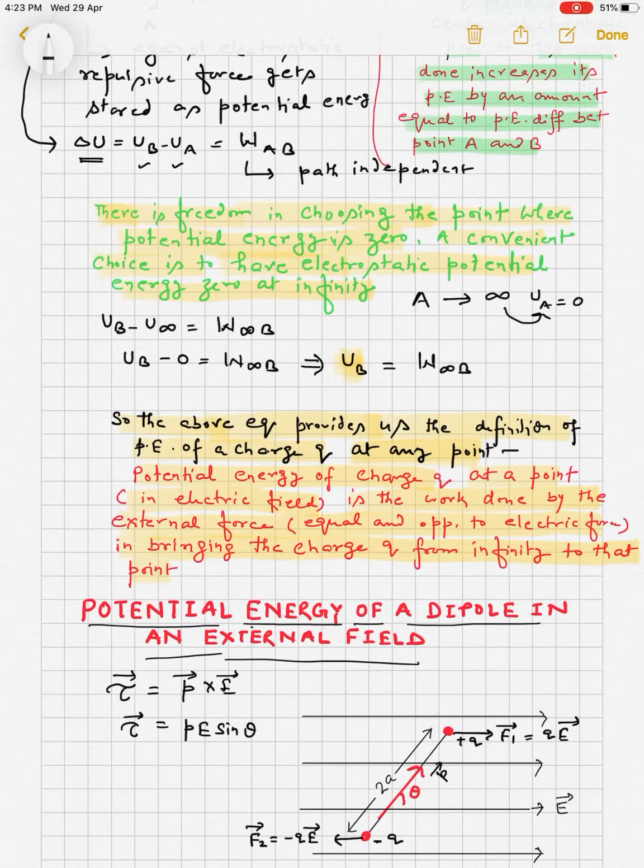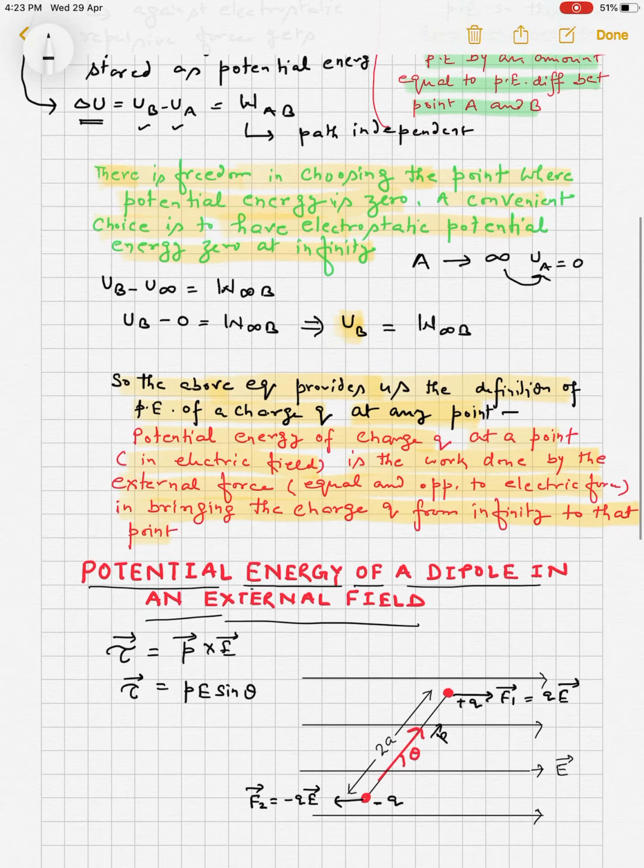And n is a unit vector perpendicular to the plane of paper. So here the direction is into the plane of paper. So if I want to rotate this dipole, suppose this dipole is rotated by an angle d theta, so external torque tau is applied.